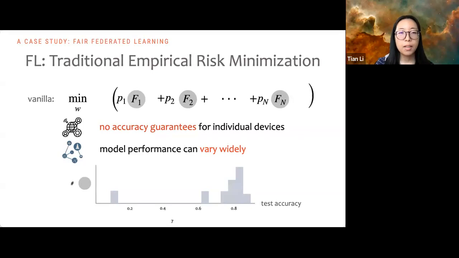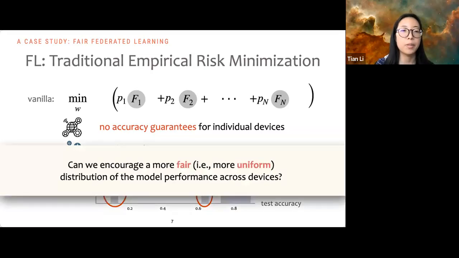For example, here we show the test accuracy distribution of all devices from a model trained on a real-world federated dataset. We see that a small group of devices or clients suffer from low accuracy.